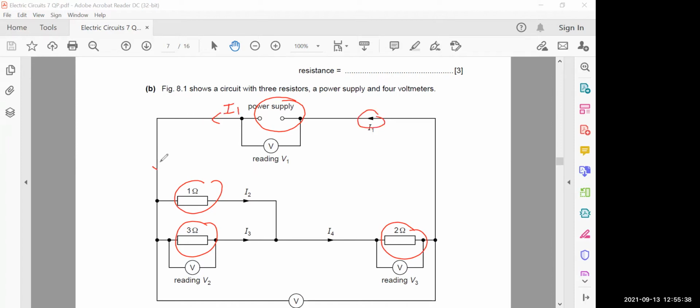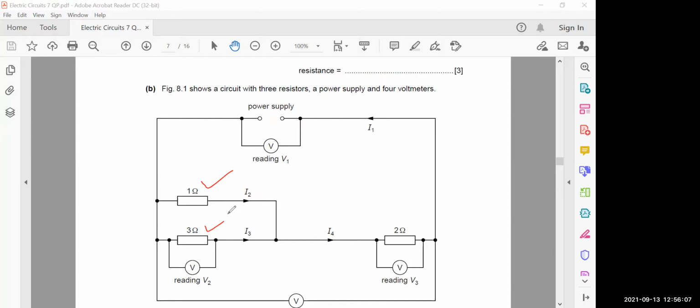When it reaches the junction point, some current I2 goes along one side, and some current I3 passes through the 3 ohm resistor. I2 combines with I3 to make a current I4, which passes through the 2 ohm resistor. So the current is dividing among the 1 ohm resistor and the 3 ohm resistor.